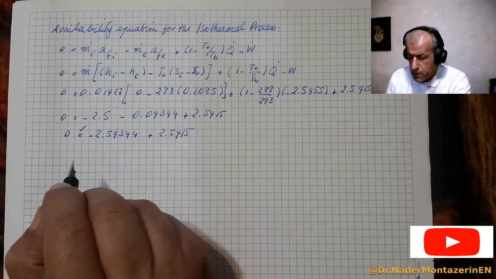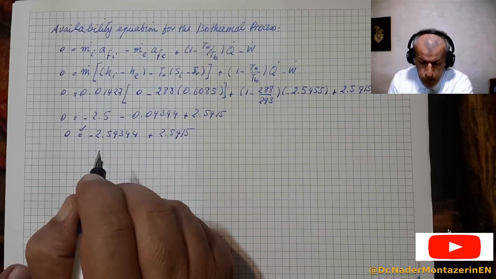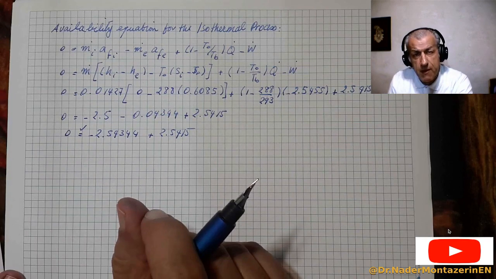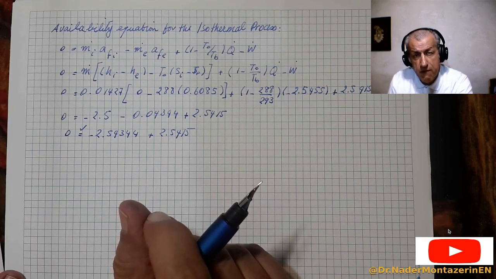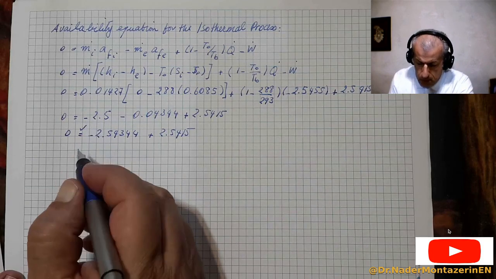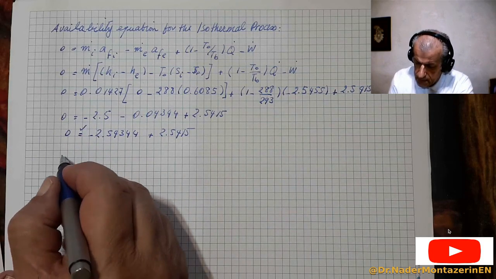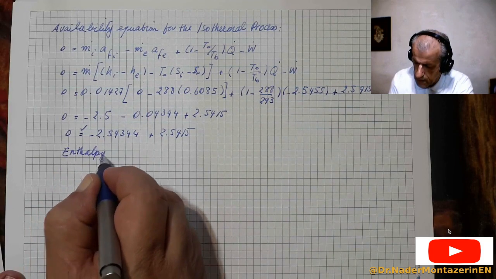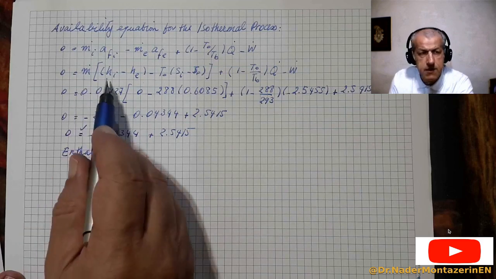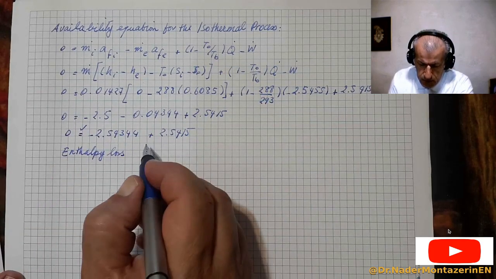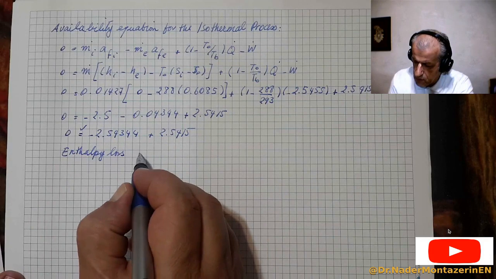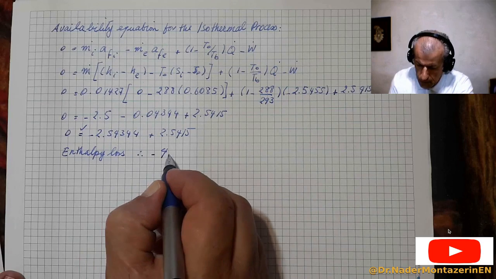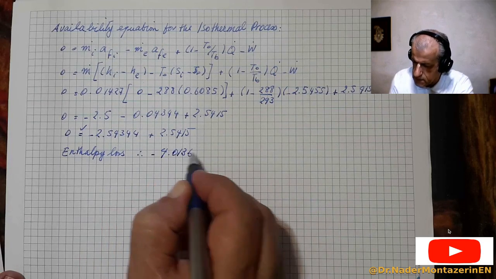It's worthy to note how much the availability equation is different from the first law of thermodynamics. Look, let's see what was the enthalpy loss. Enthalpy loss was m dot times delta H, and if you calculate that, the value would be minus 4.0136 kilowatts.